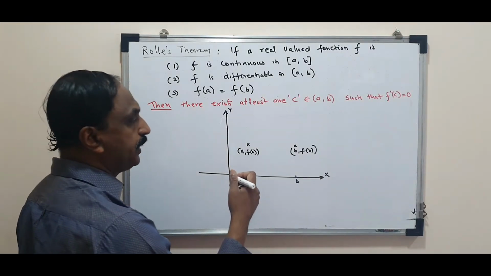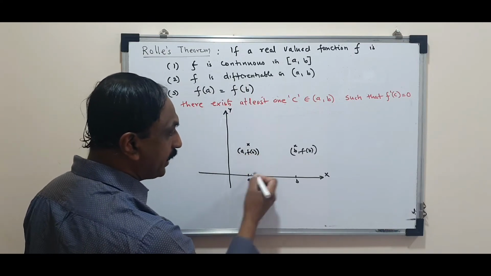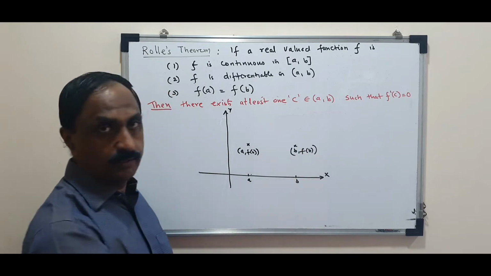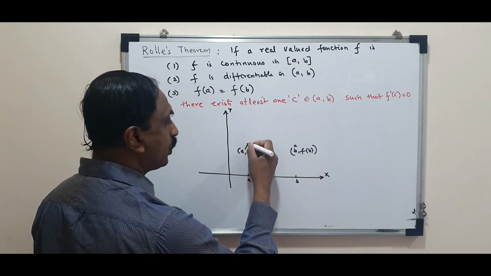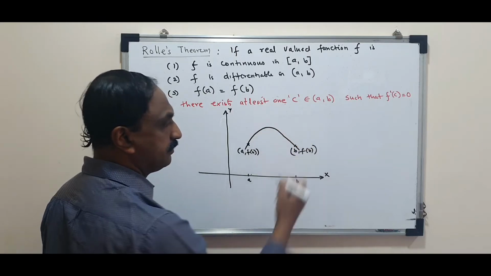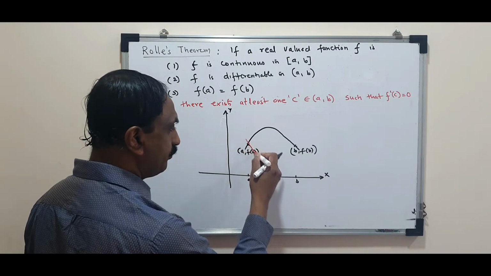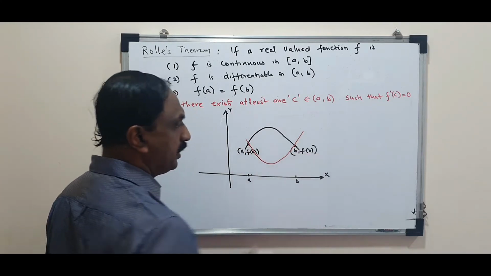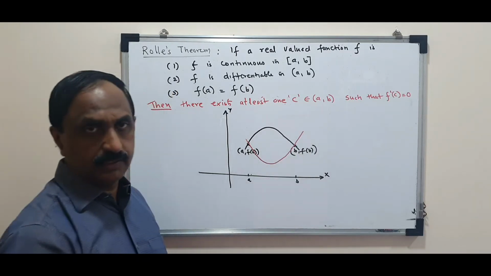So there are 2 possibilities. Remember, f of a and f of b are equal. That means the y coordinate here and the y coordinate here are equal. Then if I draw this graph, one possibility is I can draw the graph like this. Another possibility is I can draw the graph like this. Third possibility is I can draw the graph like this.